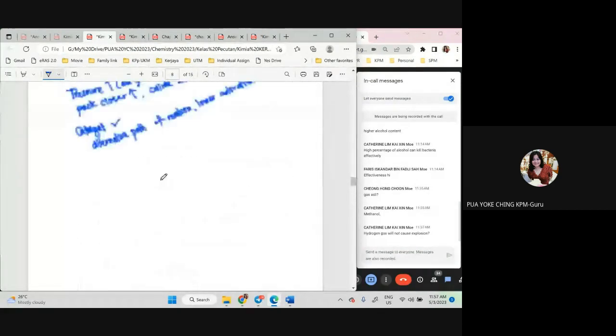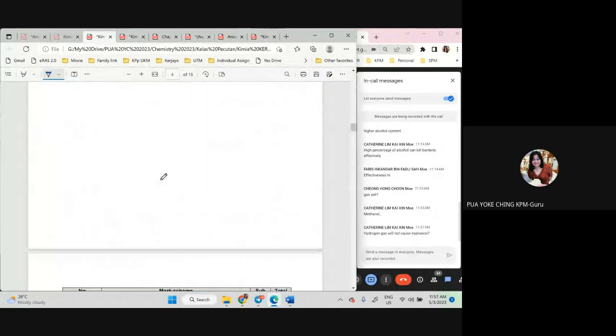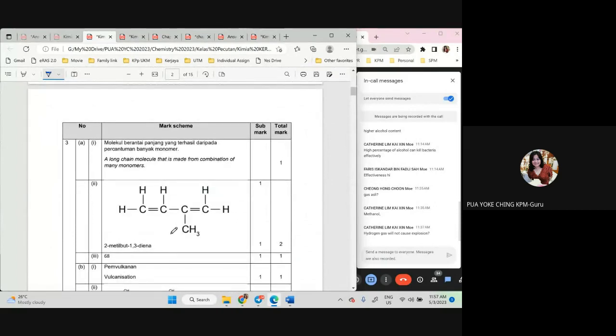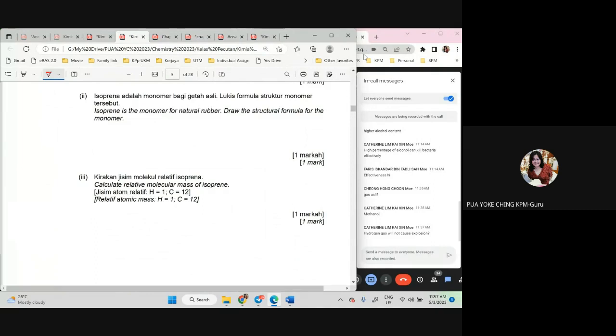If you don't memorize, it really won't work. Everything above and below cannot be done because it asks you to calculate the relative atomic mass. So remember the name 2-methyl buta-1,3-diene. So C double bond C, CH3, and H, H, H, H, H, done.